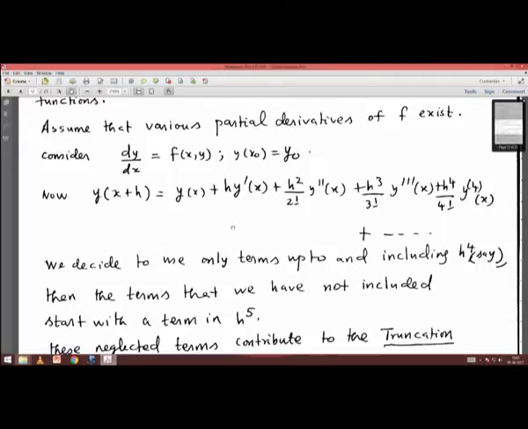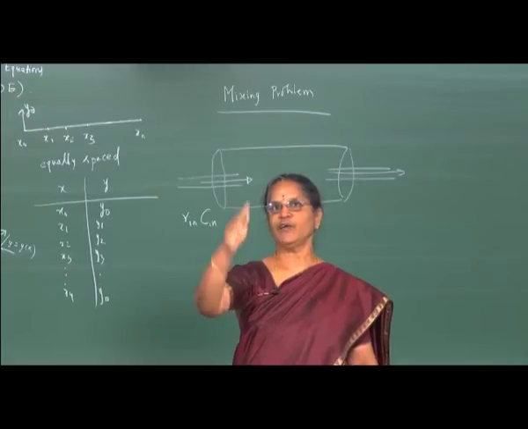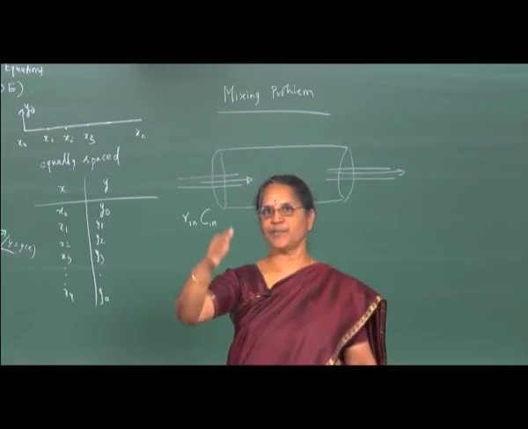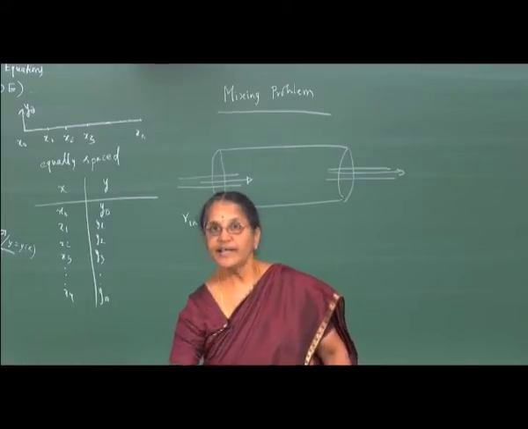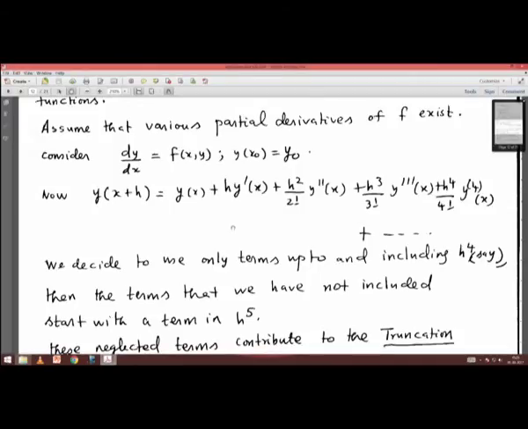If I start at any x and if I want to find the solution at say x plus h, then I use a Taylor series expansion of y, so that y of x plus h is y of x plus h y dashed of x plus h square by factorial 2 y double dashed of x plus h cube by factorial 3 y triple dashed of x plus h power 4 by factorial 4 fourth derivative of y at x plus etc.